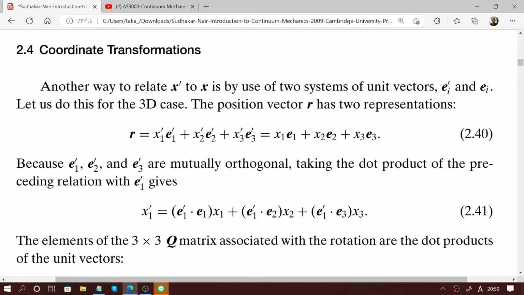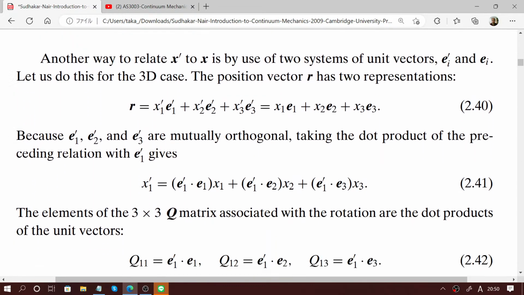Another way to relate x prime to x is by use of two systems of unit vectors Ei prime and Ei. Let us do this for the 3D case. The position vector R has two representations.